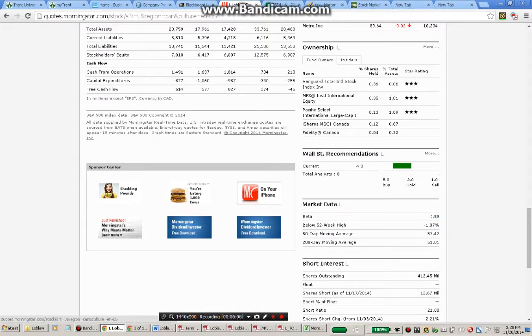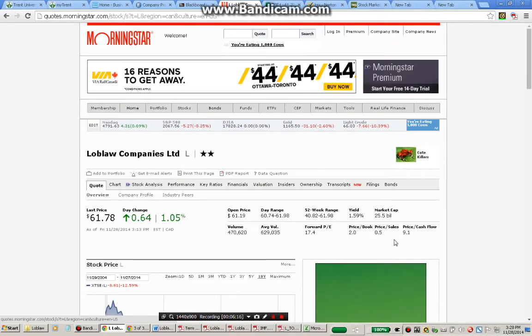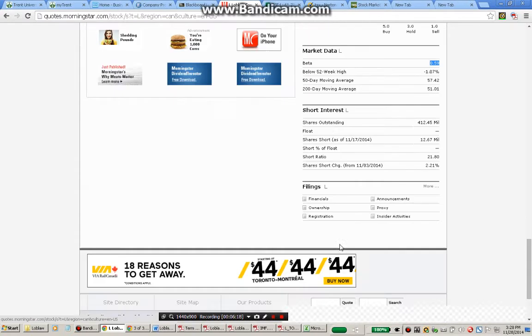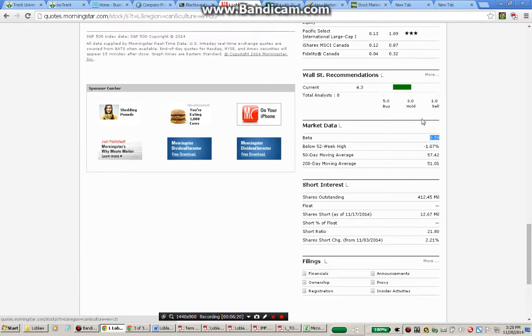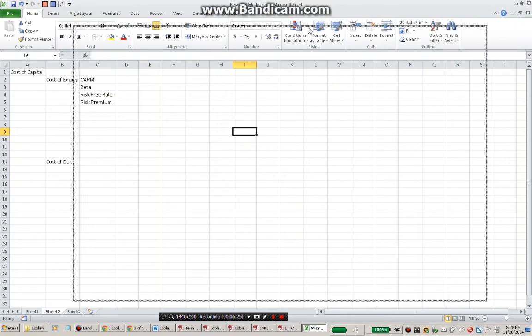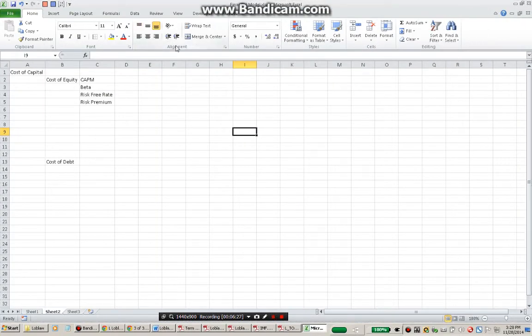It's the biggest one, and this is arguably indicating that this is the most risky. So from a conservative standpoint, I'm going to use the highest number. I would recommend calculating beta on your own, but that's fine.